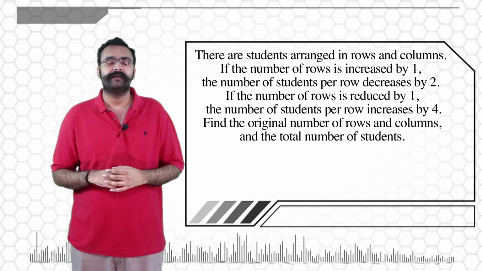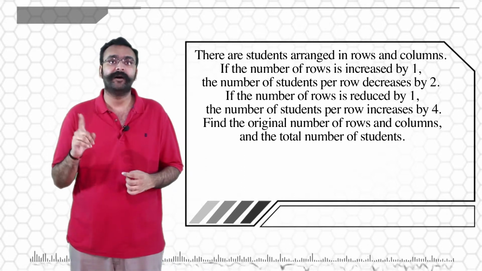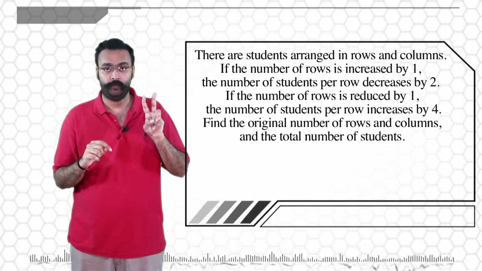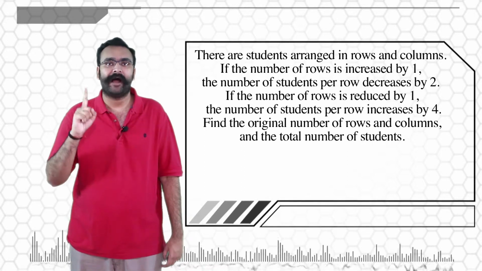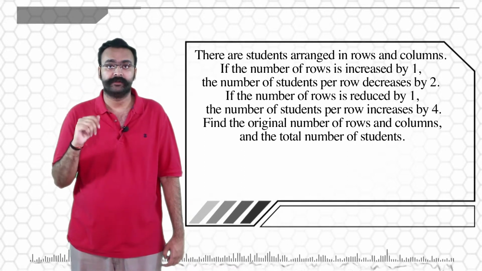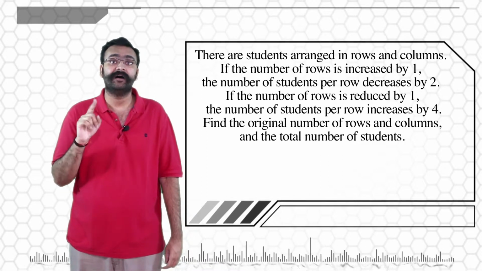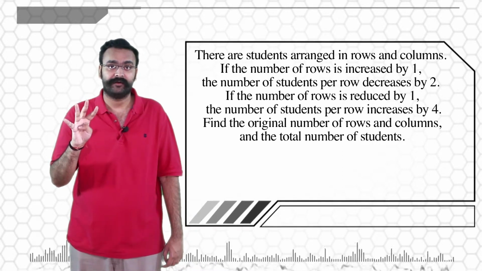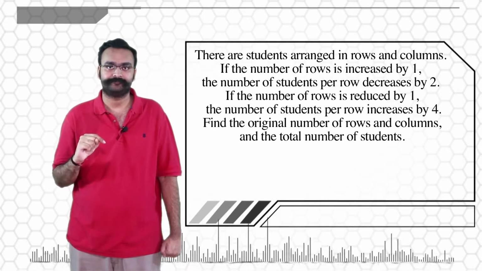They tell us that if we reduce the number of students per row by 2, then the number of rows increases by 1. Also, if we increase the number of students per row by 4, then the number of rows reduce by 1.